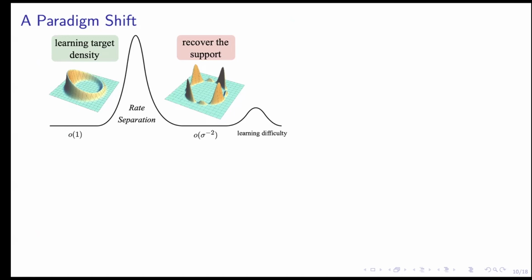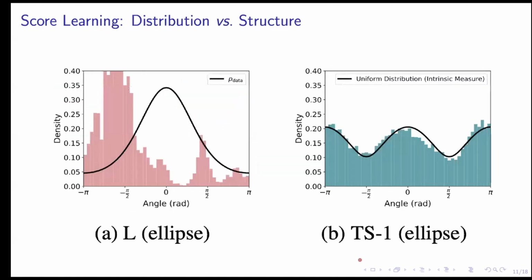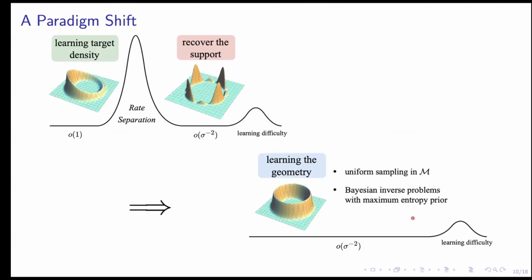You may need much more effort to actually recover the target distribution. If your score is not learned so well, you can only recover the support. However, if our target is to learn the geometry, the manifold itself, we can allow a much worse score function and still achieve this target.